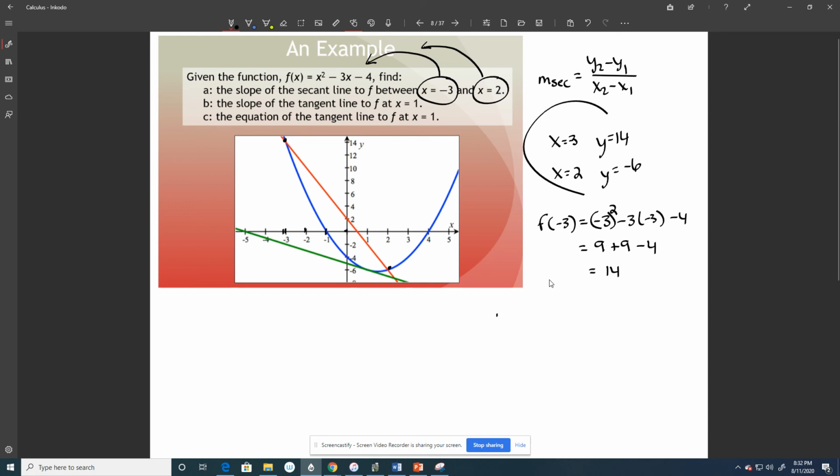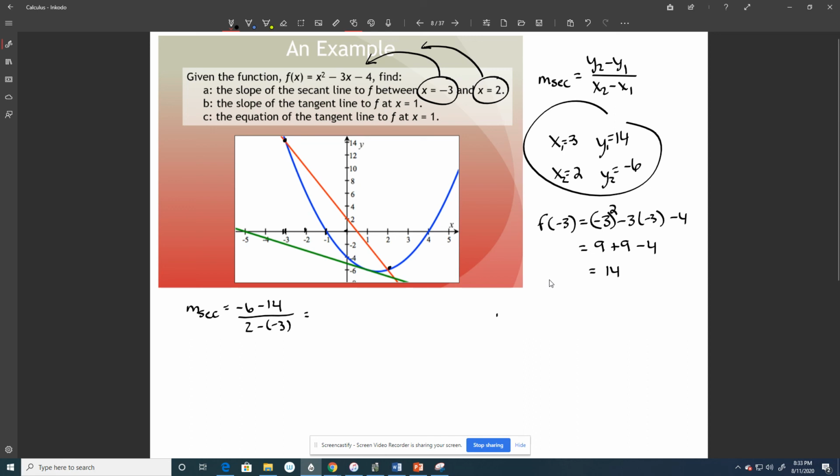So I've got my 2 points. So let's just plug those in. The slope of my secant line is equal to, let's call this one x1 and y1, and this one x2 and y2. It really doesn't matter, but let's do -6 minus y1, 14, over x2, which was 2, minus -3.